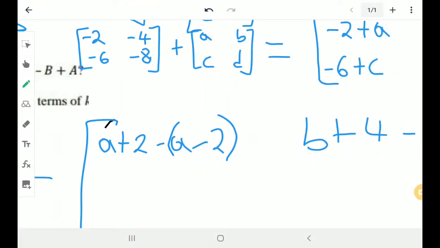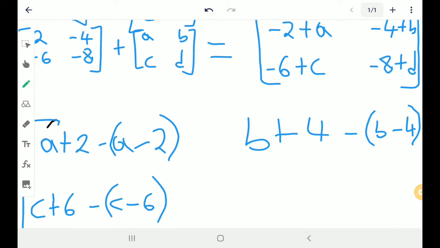And this one here is C plus 6 minus C minus 6. And this one here is D plus 8 minus D minus 8. Alright.